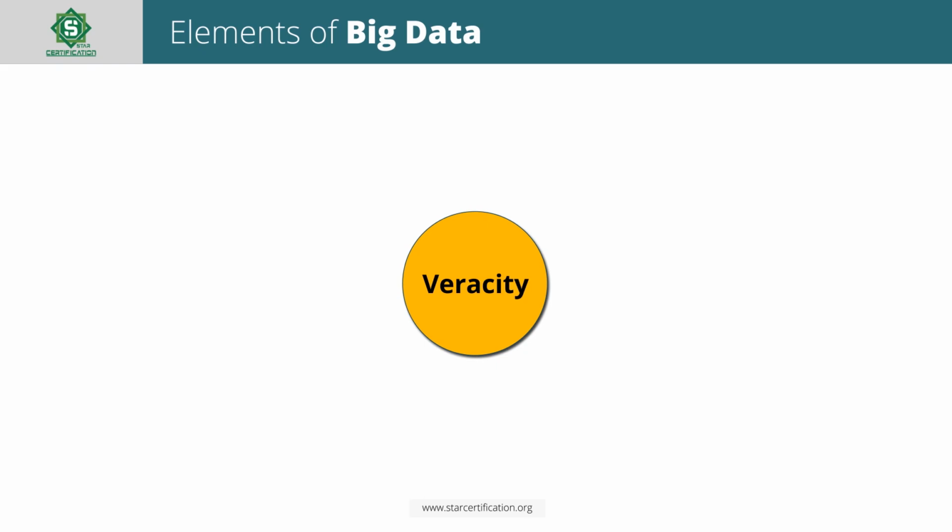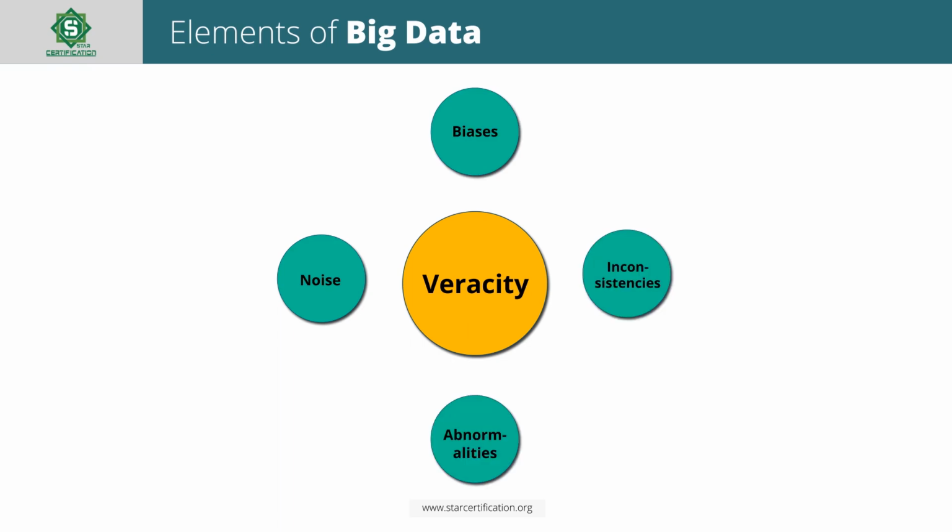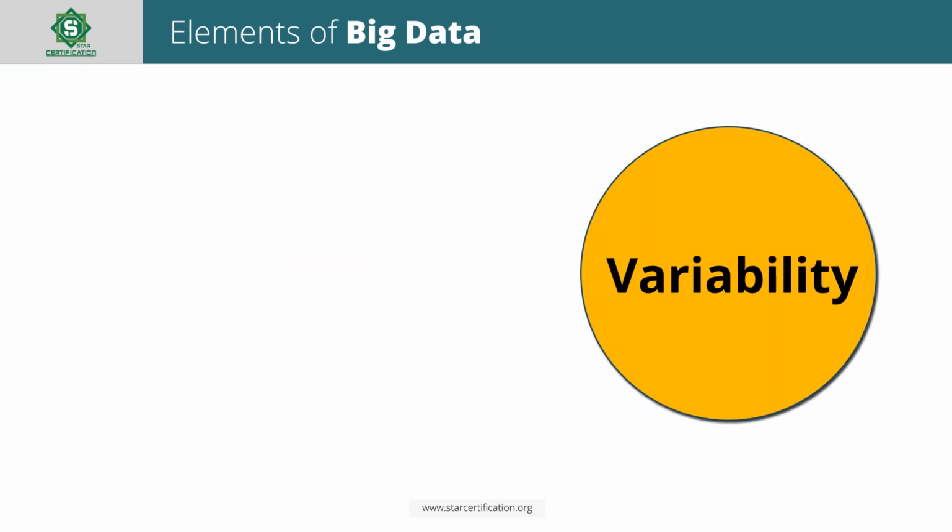Veracity. IBM presented the idea of a fourth V, that is veracity. Veracity in big data refers to the presence of noise, biases, inconsistencies, and abnormalities in the data source. It is important to handle these factors to ensure that the analyzed results are free from any possible errors. Variability.